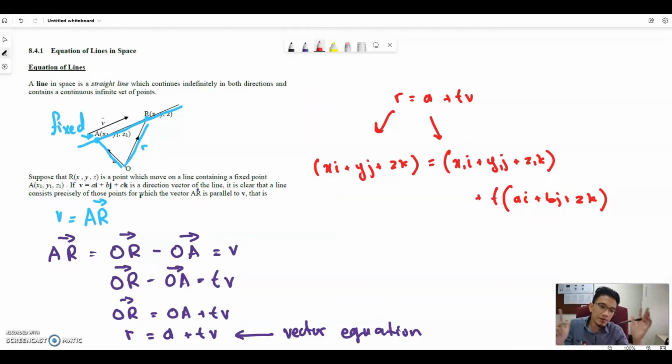However, when these three vectors are put in the equation r equals a plus tv, it only represents a single line.